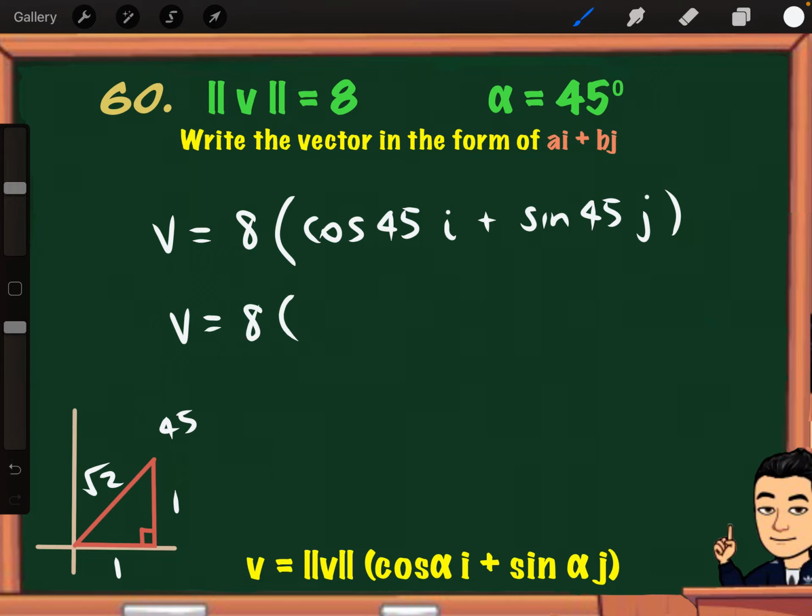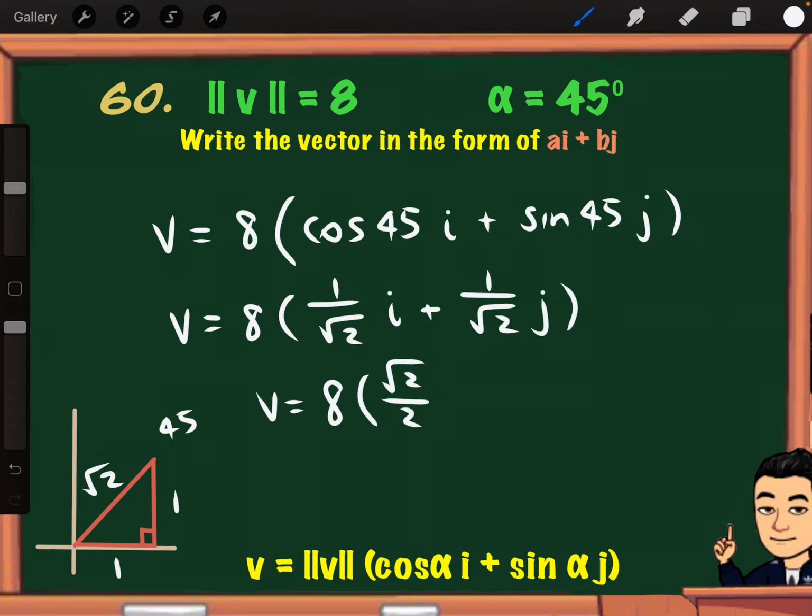Now we know that cosine 45 is going to be 1 over rad 2. Okay, i plus, and then sine 45 is also going to be 1 over rad 2. This time it's going to be j, my bad. Okay, so we know that the 1 over radical 2, you can rewrite that as rad 2 over 2 i plus rad 2 over 2 j.